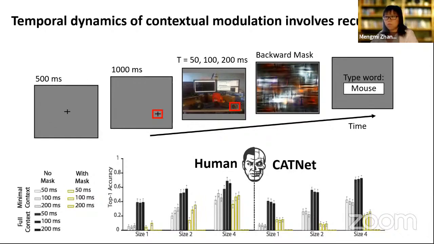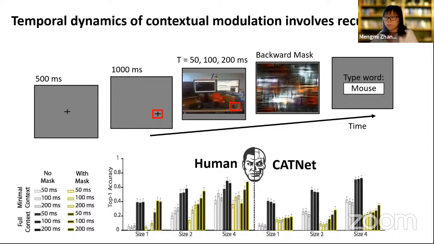However, the recognition enhancement in the full context condition was impaired when the mask was introduced after 50 to 100 milliseconds of exposure. That is, if you compare the solid black bars versus the black bars with the highlighted yellow boundaries, there is a clear drop in the full context condition.